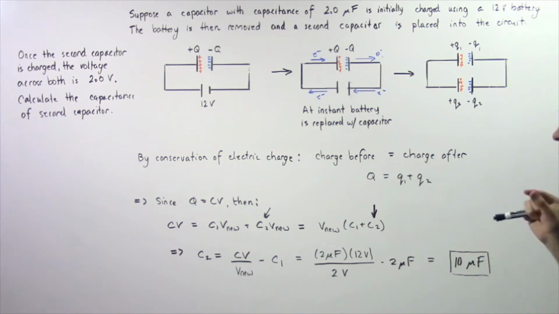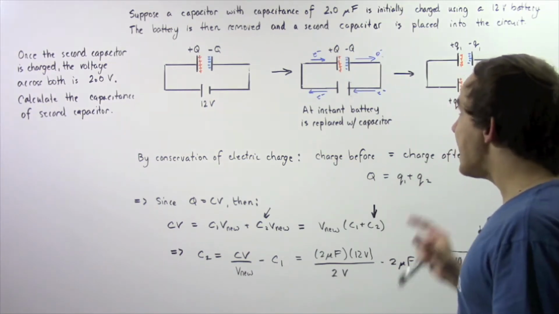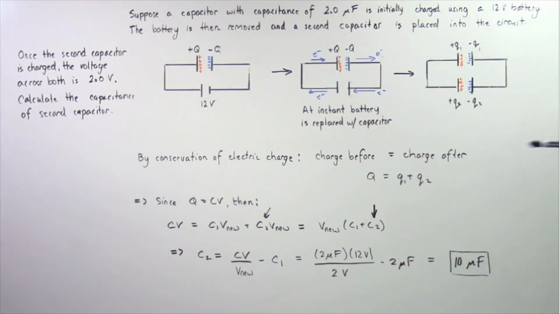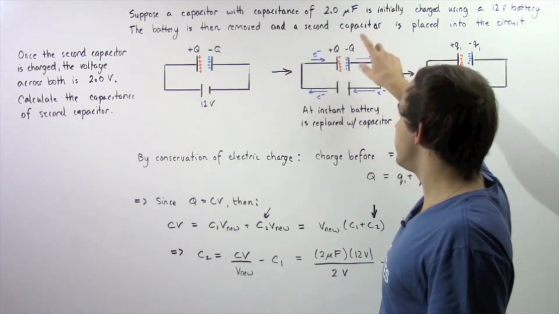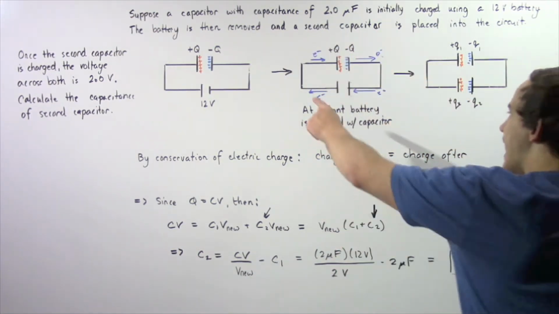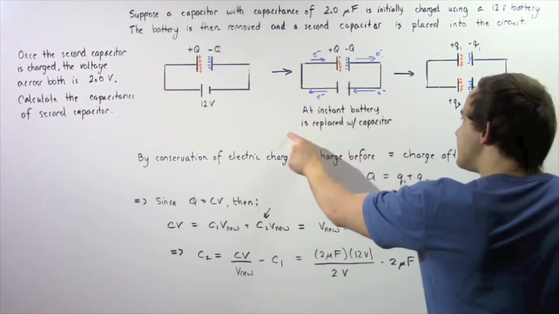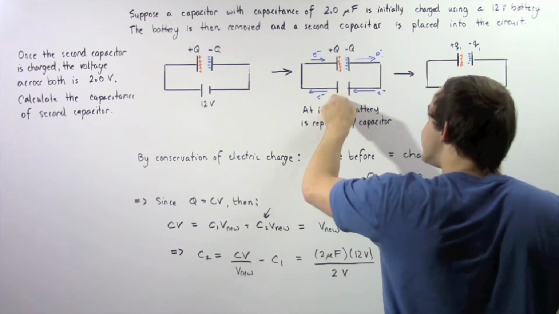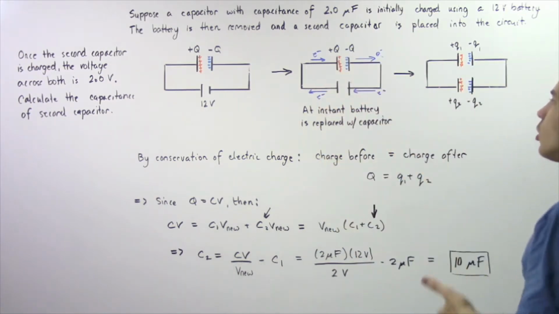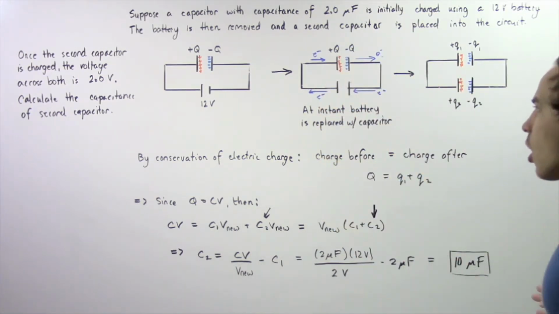Now, the battery is then removed from the circuit and a second capacitor is placed into that circuit in the same location as shown in this diagram. So, at the instant the battery is replaced with our capacitor, these two plates of our capacitor are neutral. They have no charge.